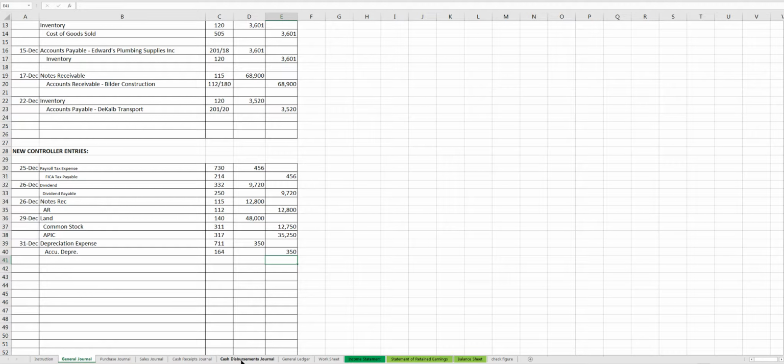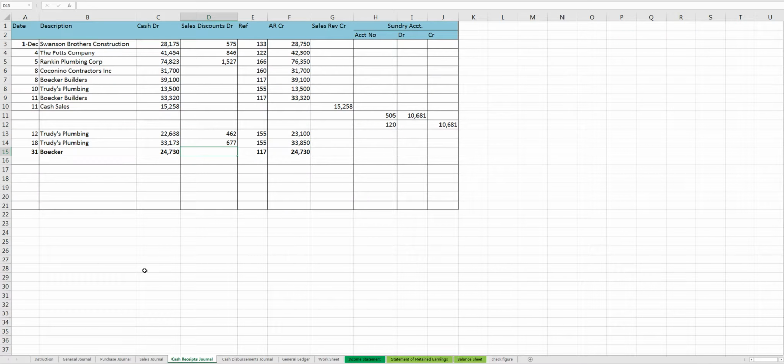Then we're going to go to the cash received journal entry because we received the cash in the sales transaction on the 31st, from the buyer. We debit cash. We're going to debit other things. It's not accounts receivable. There's no sales, no discount.